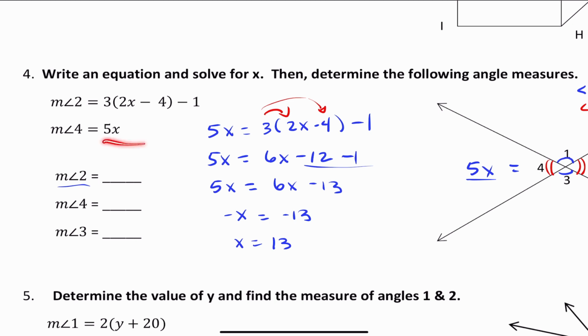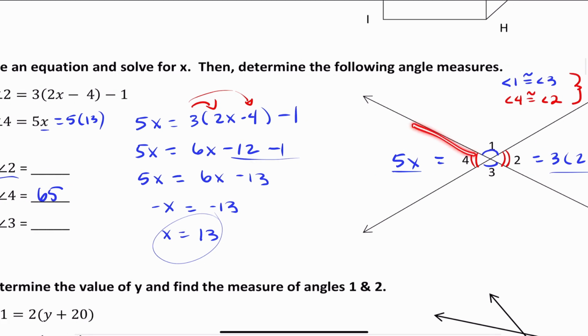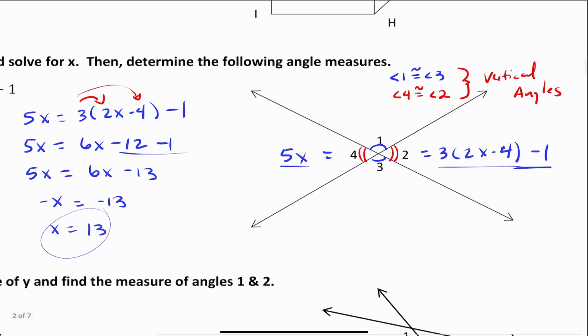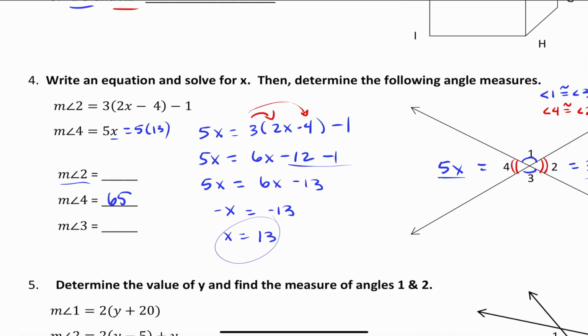That's very simple, because I know x is equal to 13. 5 times 13 is 65. So if the measure of this angle here is 65, then this has to be 65 as well. So they're both 65 degrees.